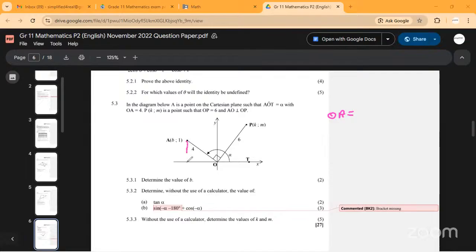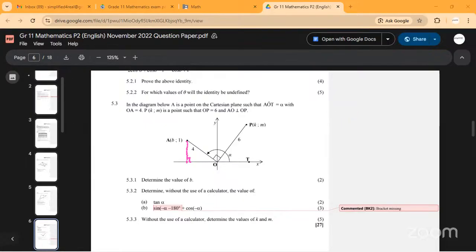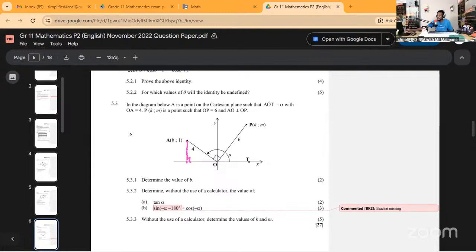Somehow this thing could have been a right angle triangle. It's just that, remember, that's why I said we must get used to not thinking of it as a triangle, but as just a radius. It is just a radius that goes from the center to a point X and Y. The reason we say it's a radius is because it rotates.